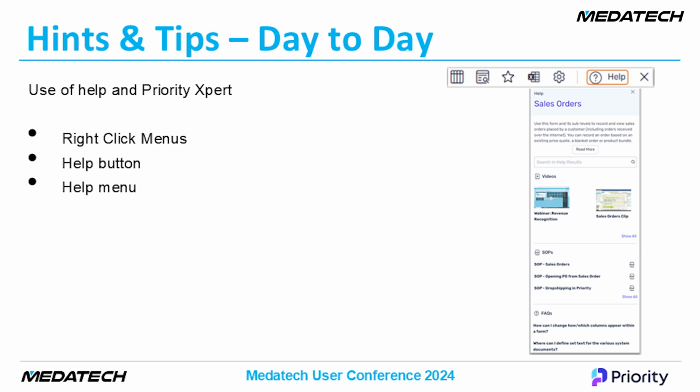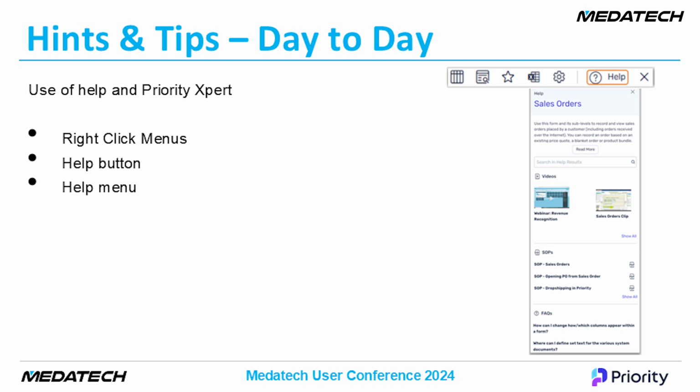So you have the option of pressing F1 wherever you are in the system, whether you're on a field in a form, whether you are right-clicking on the menu and selecting the help option, whether you're right-clicking on an action or a sub-level, there is built-in help, which the developers, either at Priority or developers who have developed something and added help text as they've gone, have added, and you will be able to see that as you go.